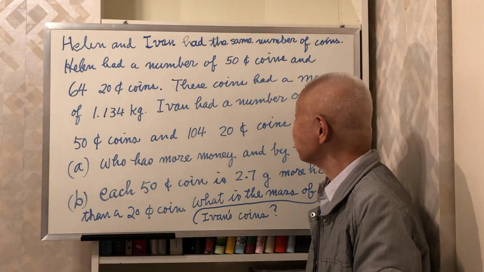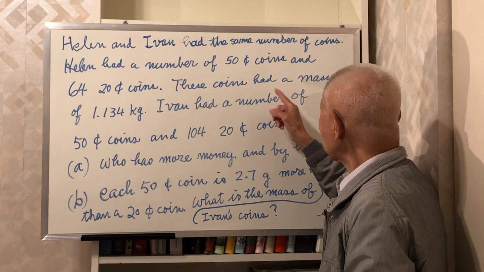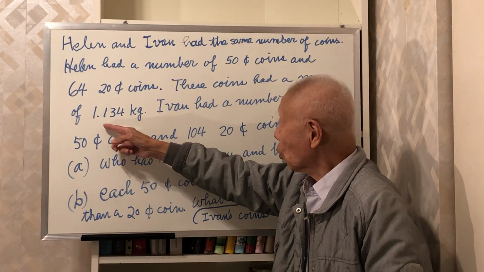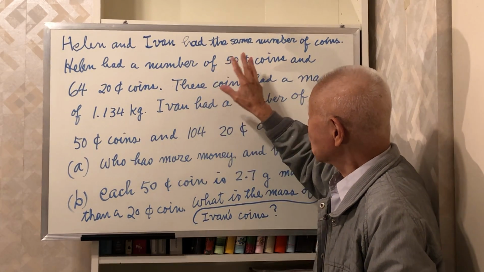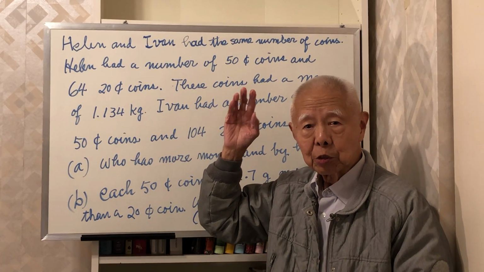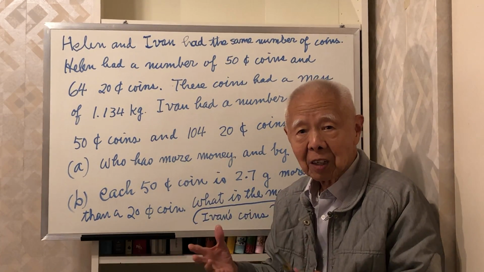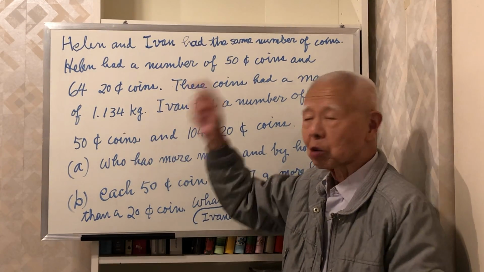All right. These coins had a mass of 1.134 kilogram. This means the total of the 50-cent coins and the 20-cent coins all together has a mass of 1.134 kilogram.